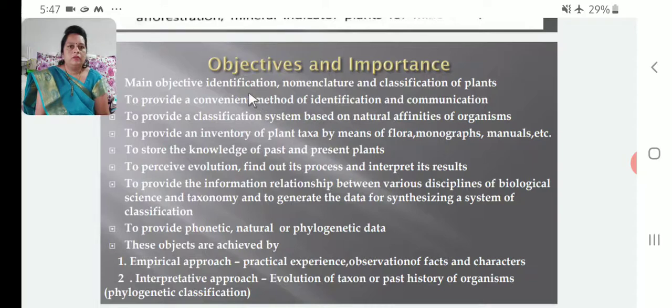The main objective is the identification, nomenclature and classification of plants. Second, to provide a convenient method of identification and communication, and to provide a classification system based on natural affinities of organisms. Next, to provide an inventory of plant taxa by means of floras, monographs, manuals, etc. Then to store knowledge of past and present plants, to perceive evolution, find out the process and interpret its results, to provide information on relationships between the various disciplines of biological science and taxonomy, and to generate data for systemizing a system of classification.